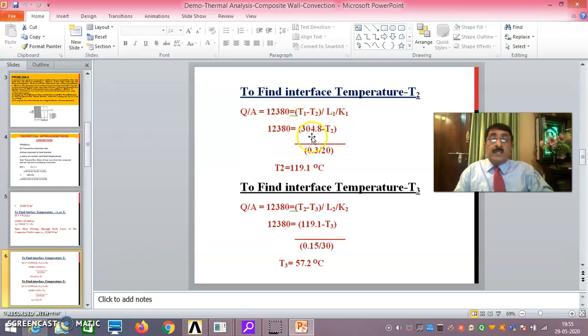T1 or TS is 304.8 minus T2, L1 is 0.3 divided by K1, 20. You should get T2 as 119.1 degrees centigrade.